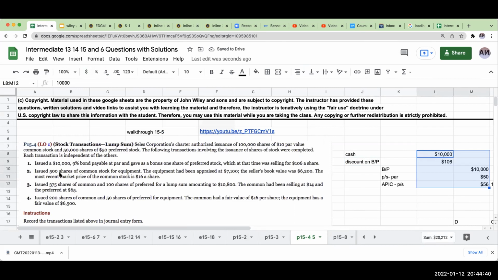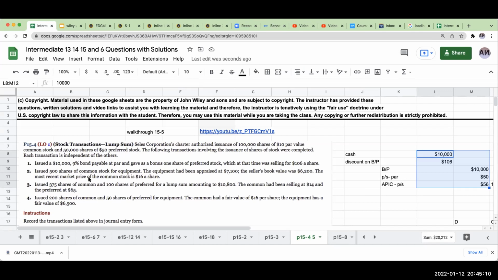Number 2, we issued 500 shares of common stock for equipment. The equipment had been appraised at $7,100. The seller's book value was $6,200. The most recent market price of the common stock is $16 per share. When we're giving up stock for equipment, we never look at the book value of the seller. Rather, we're looking at the appraised value or the market price.